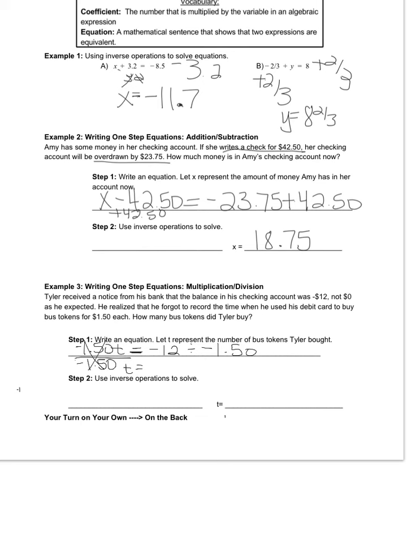Looking at this problem, we already know that I have a negative divided by a negative, so we know that the answer is positive. So now I'm going to take 12 divided by $1.50.